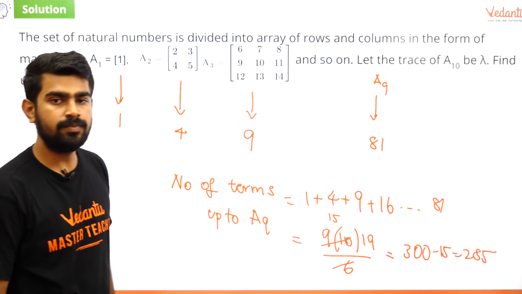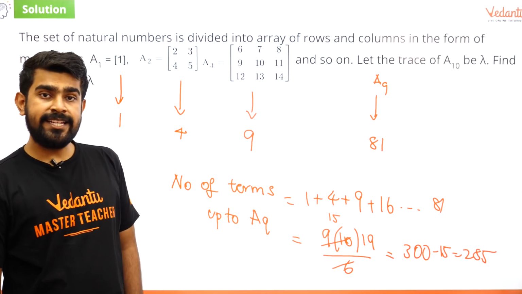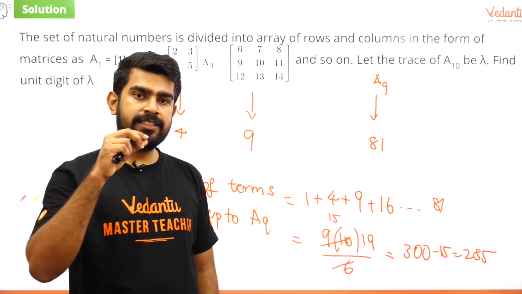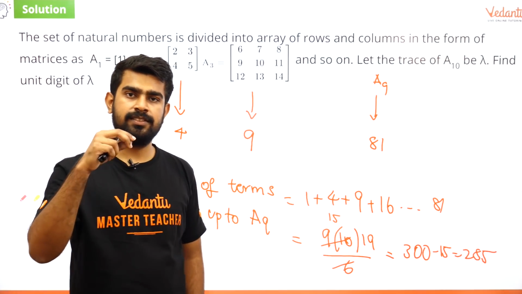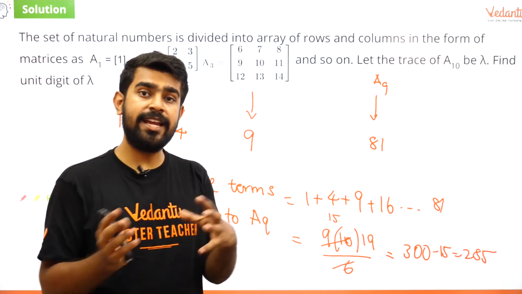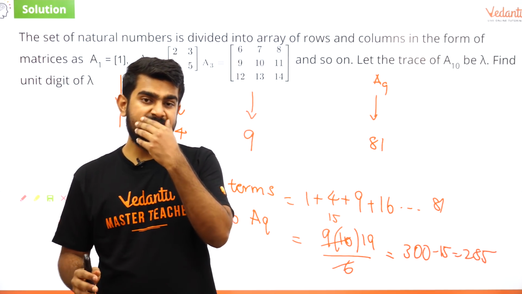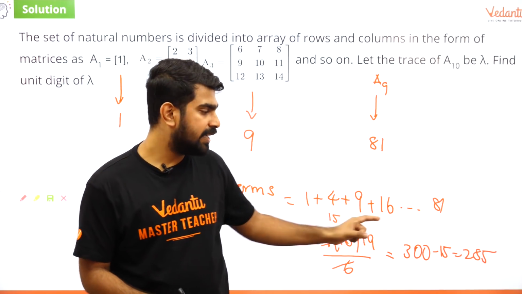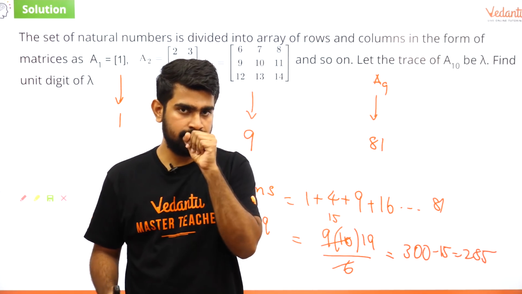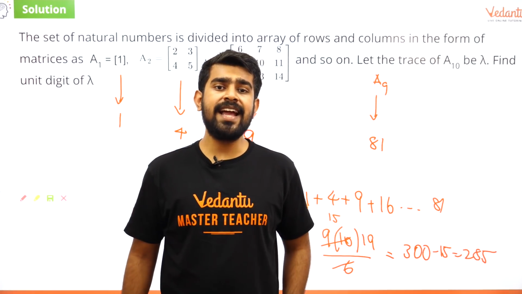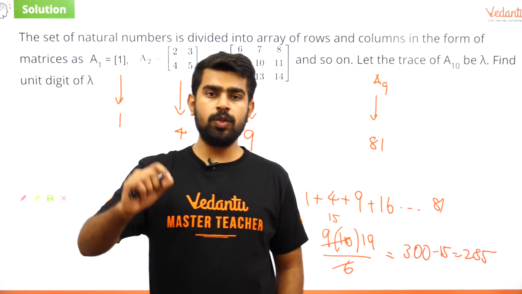Okay. So 285 is the number of terms or the number of numbers up to A9. So A9 will have the ending term as 285.